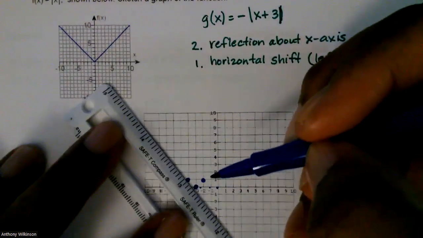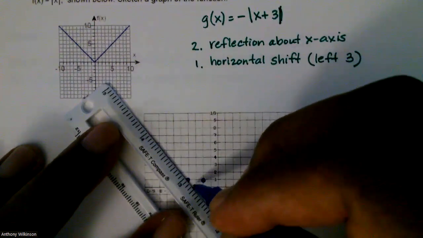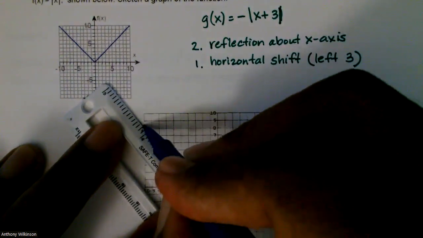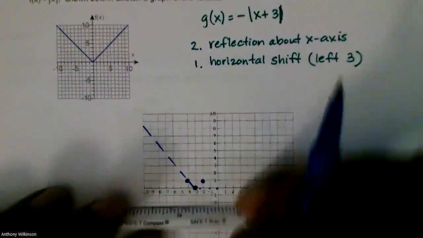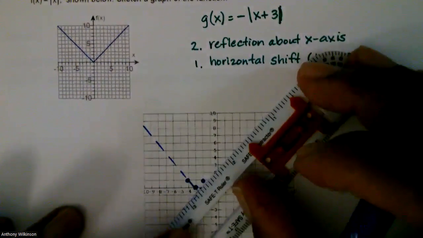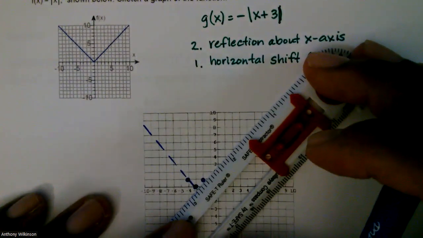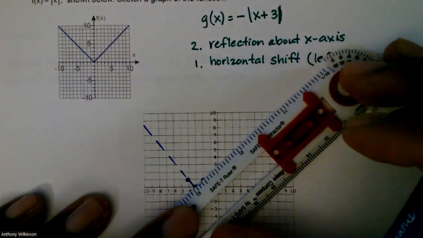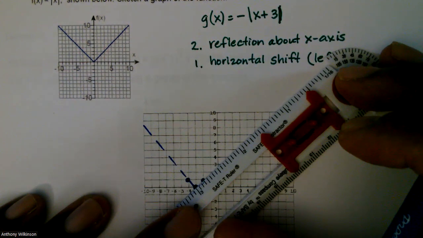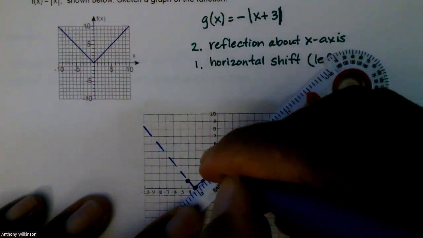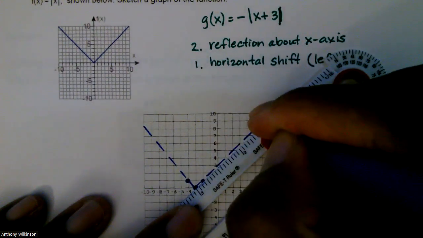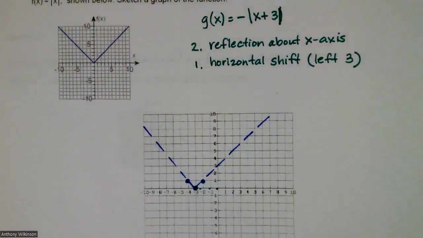That will put it there. And I'm going to draw just a dotted line because this is just the preliminary of this. Okay. So that's just what that graph looks like.